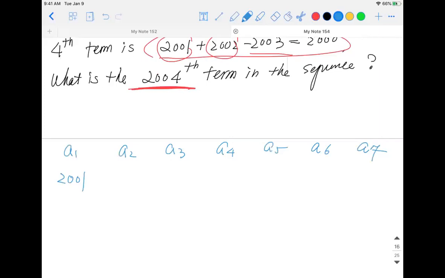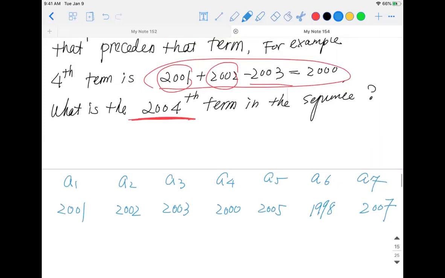A2 is 2002. A3 is 2003. A4 is 2000. A5 is 2005. A6 is 1998. A7 is 2007. This is what I list out for the first 7 terms.